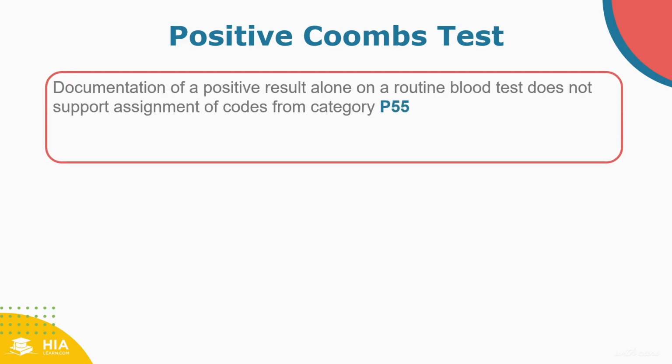Documentation of a positive result alone on a Coombs test does not support assignment of codes from category P55. Physician diagnosis will generally be based on both a positive result on blood testing and additional clinical criteria. These could include spherocytes or other findings on a blood smear, hyperbilirubinemia, or other relevant clinical findings.